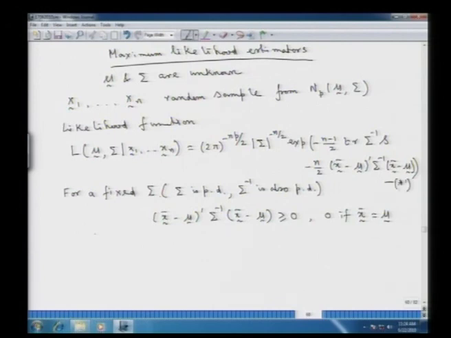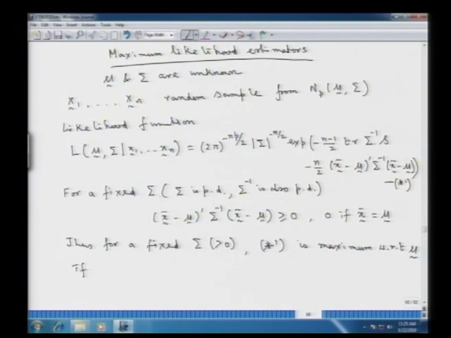Now, thus for a fixed sigma positive definite, star 1 is maximum with respect to this mean vector mu if... now note that in this likelihood function mu is present only in the exponent.